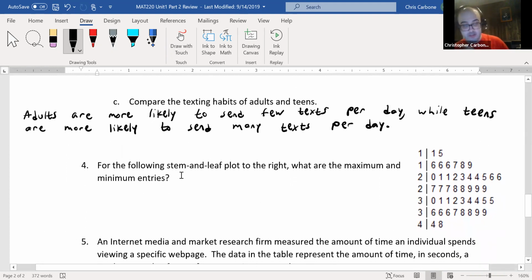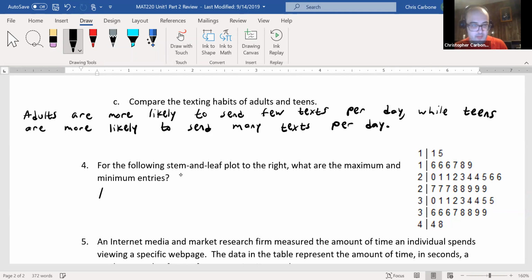So for the next question, for the following stem and leaf plot to the right, what are the maximum and minimum entries? Unfortunately, the legend did not get copied over with this, but we can still identify a maximum and a minimum. The maximum is based on down here, with the highest number here being this 8.